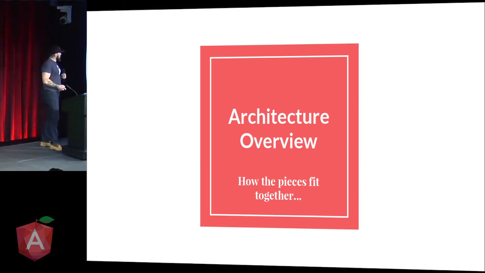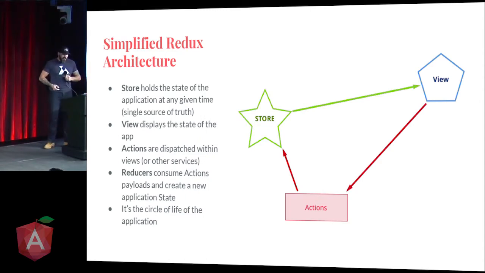So let's look at the architecture overview and see how the pieces are going to fit together. As I mentioned, the store is going to be your single source of truth. It holds the state of the application at any given time. Then the view is going to display the state of the application by plugging into the store.